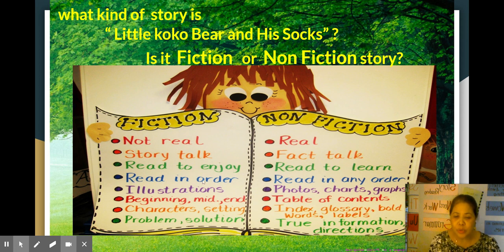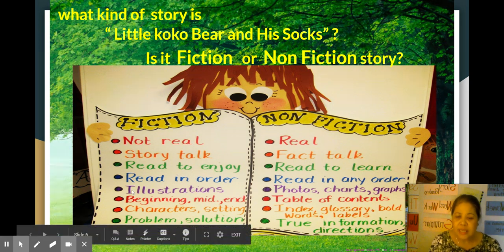We read it in order, or if not, we are not going to understand what the story is about. And it has an illustration, and the story has a beginning, middle, and end. It has a character and setting, and most often the characters have a problem and there is a solution to their problem. That means fiction is just a make-believe story.